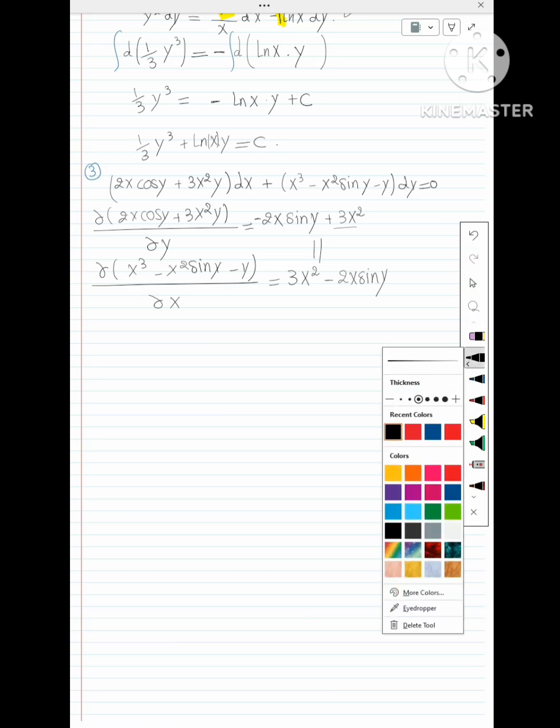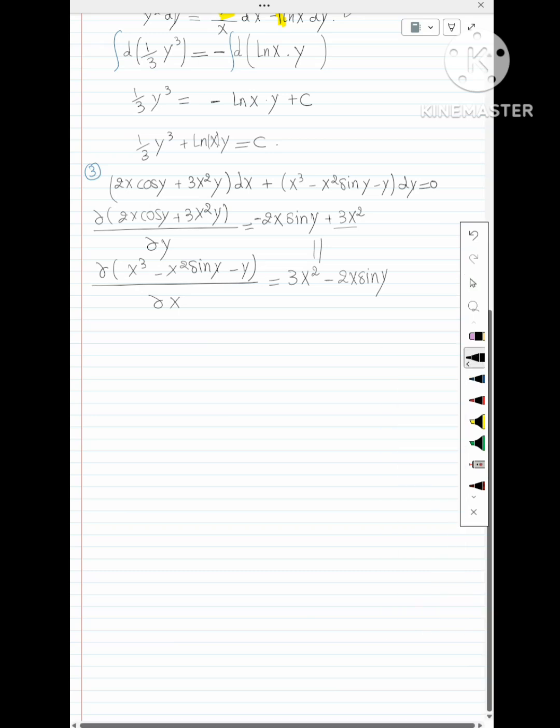To solve that, as we said before, we use the method of grouping. Okay, let's start. We have 2x cosine y in a side, and with this, because as you can see right here, we have x and y and dx, and here we have x cubed, and here we have only minus y dy in a side.